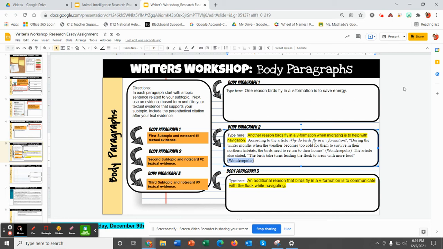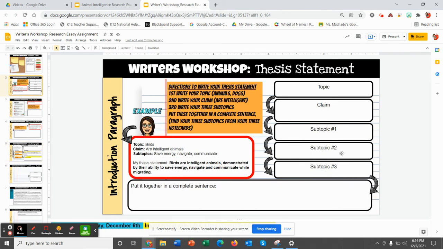So as you're completing this graphic organizer today, you are checking that you have a topic sentence that relates to subtopic number 1 from your thesis statement graphic organizer.